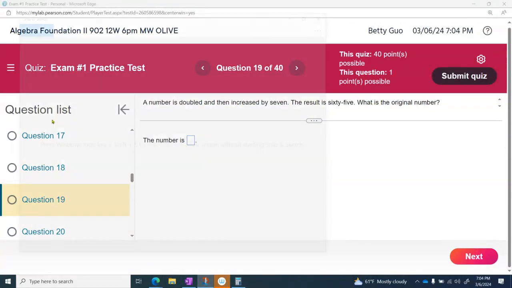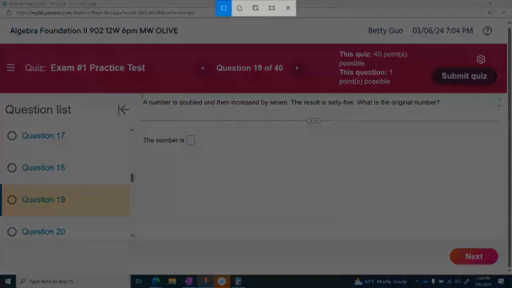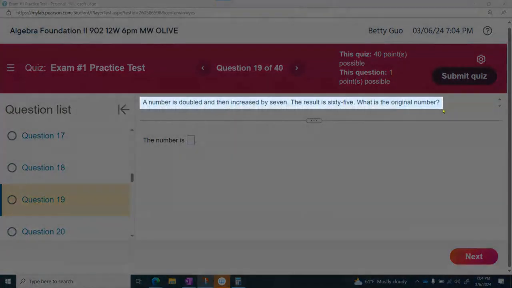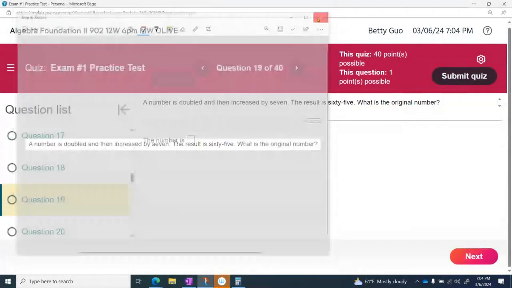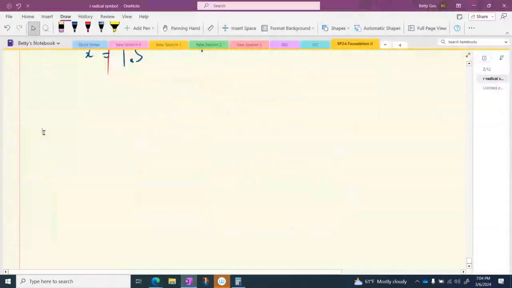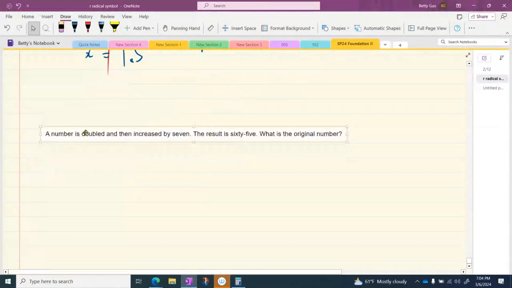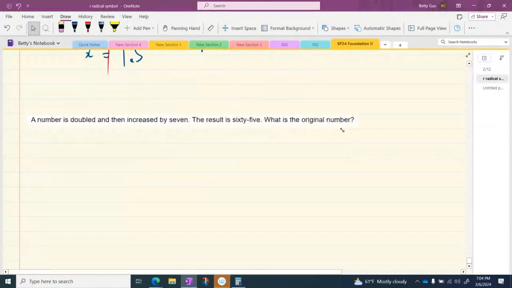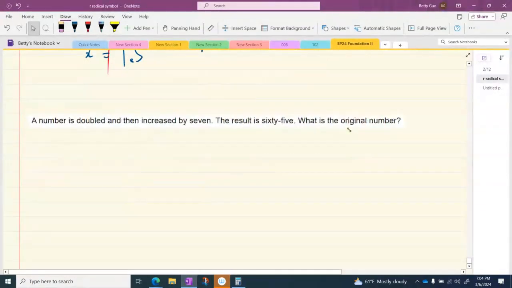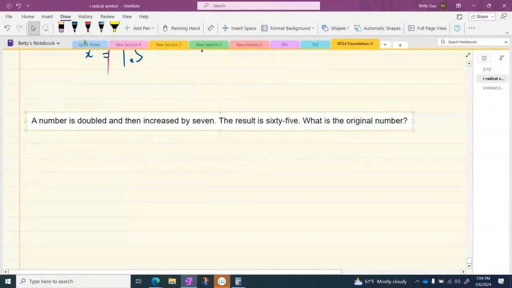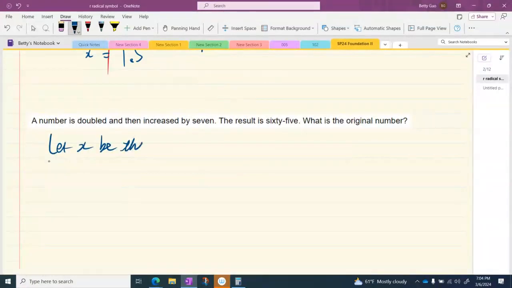Okay, let's do this one. Translate and solve. This application problem is about a number. So we're gonna let the number be x. Let x be the original number.